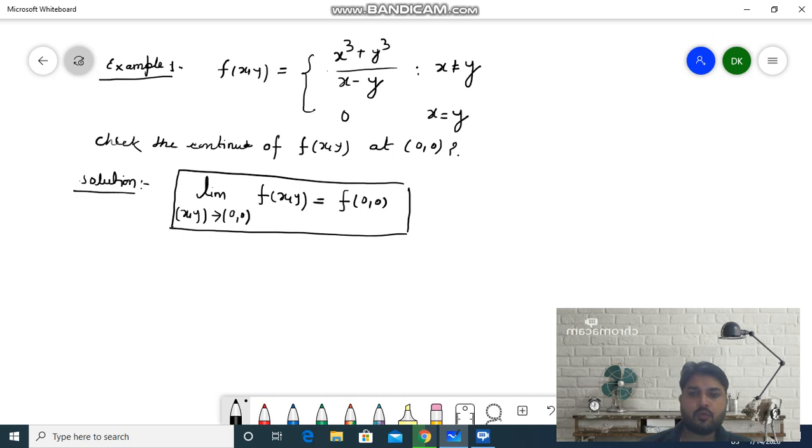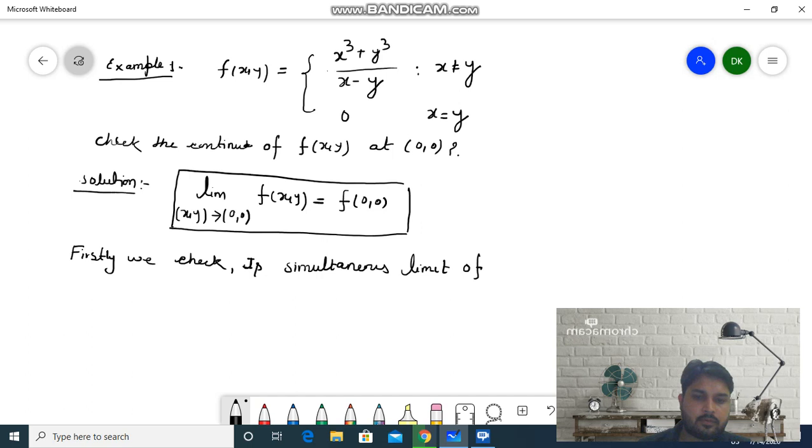So for this, first of all, we check whether the simultaneous limit of f(x, y) exists at the origin.